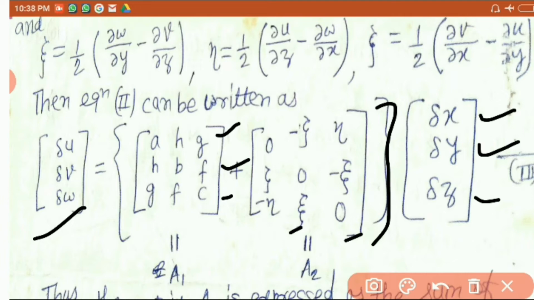We now investigate the significance of these two matrices.